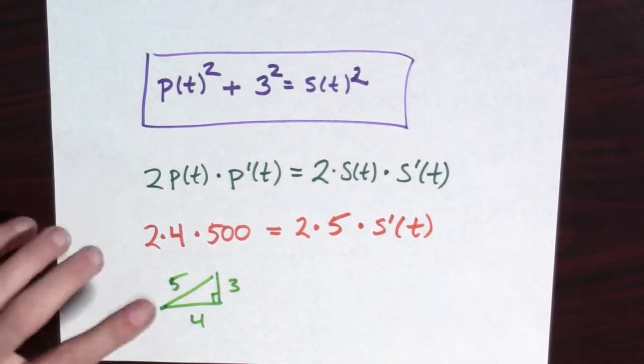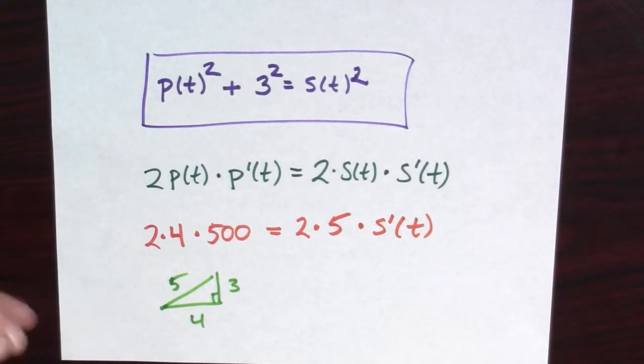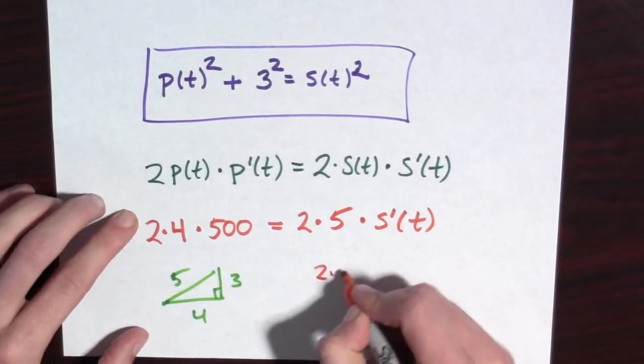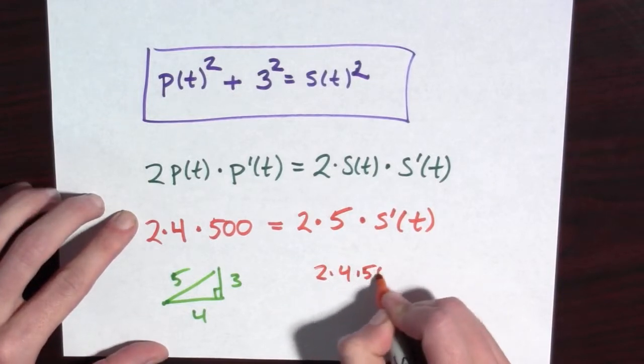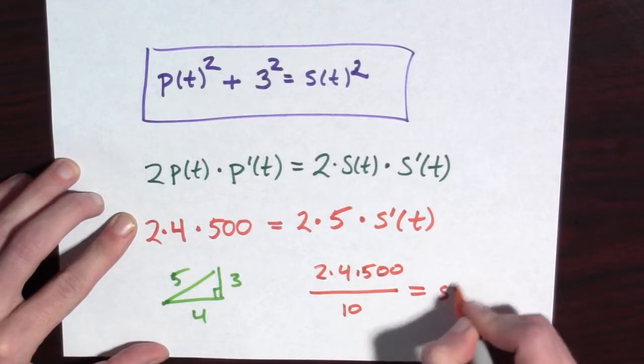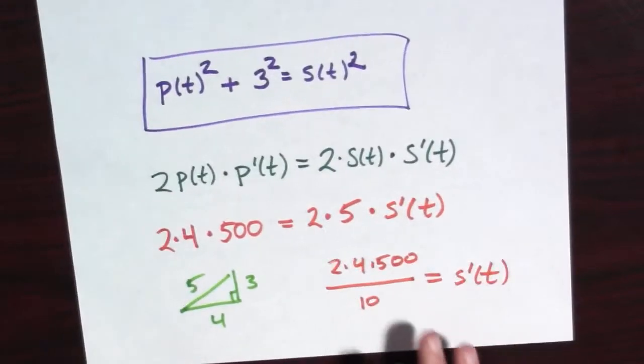Now remember, we want to know S prime of t. So it's going to be 2 times 4 times 500, divided by 2 times 5, which is 10, is equal to S prime of t.